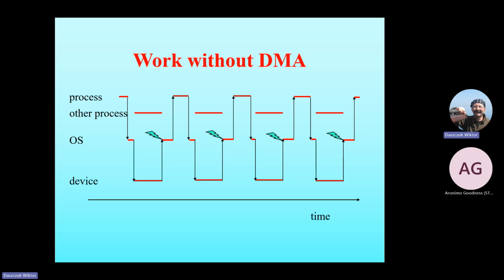It calls the operating system. The operating system starts the device. When the device finishes, it sends an interrupt. It wakes up the operating system, or the operating system wakes up the process. It sends the next byte, and so on. Such a way of doing is, for example, in keyboard, where we have one interrupt per character, mouse operation, and similar devices.